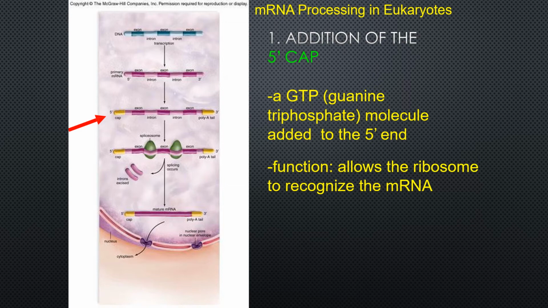That cap allows the ribosome to recognize the messenger RNA. In other words, the ribosome that's going to produce the proteins has to be able to recognize our messenger RNA that comes out of the nucleus. So that 5' cap is what allows the ribosome to recognize it.